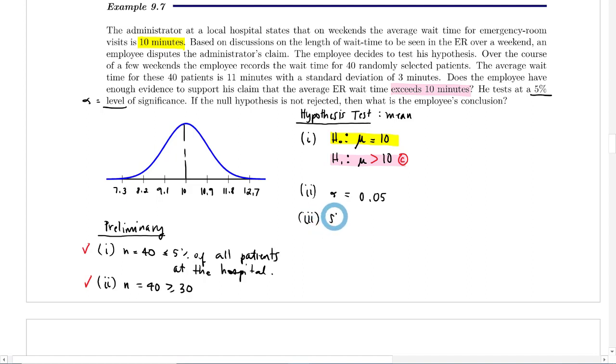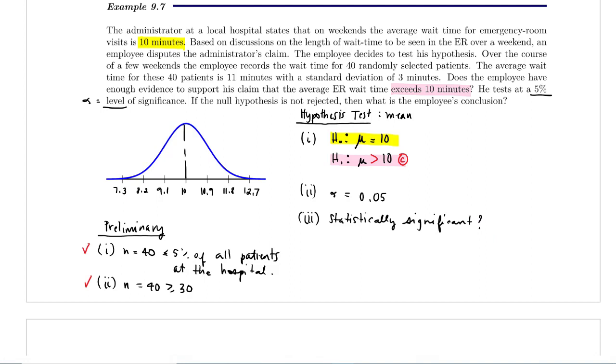Is there enough evidence to support the claim? Do we reject or not reject the null? Okay, so let's go ahead and draw it on the figure.